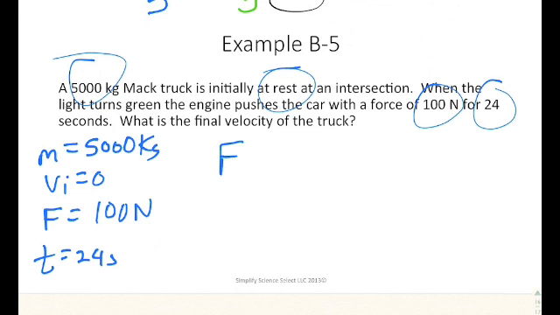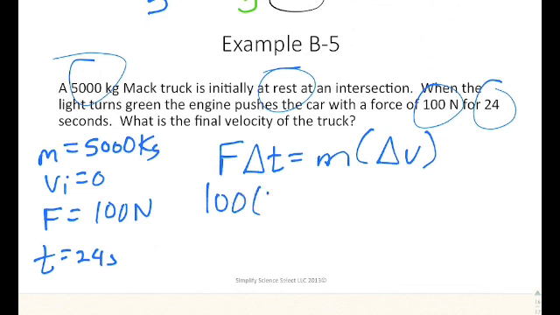So I can now use my F delta T equals M delta V, and I can go ahead and solve. I would say, okay, 100 times 24 equals 5,000 delta V. 24 times 100 would be 2,400.